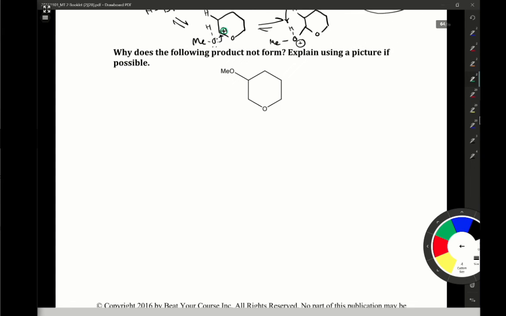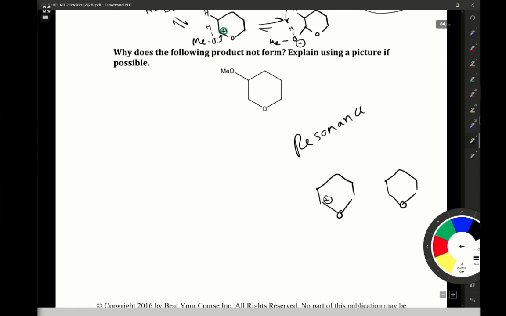So we can ask the question now, why does the following product not form? And I covered this earlier in previous chapters, so I don't want to belabor this too much. But resonance stabilized, this whole thing about this guy forming and not that guy.